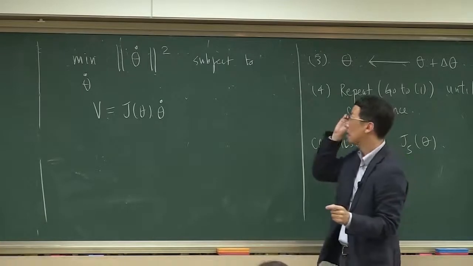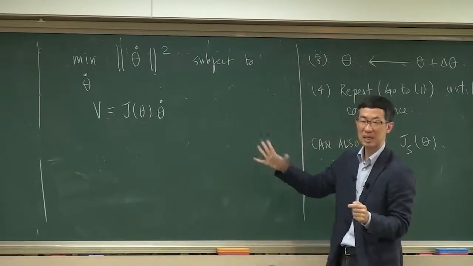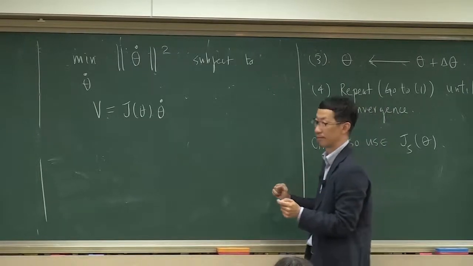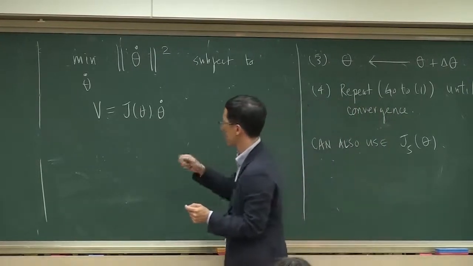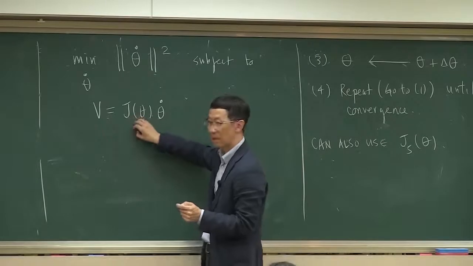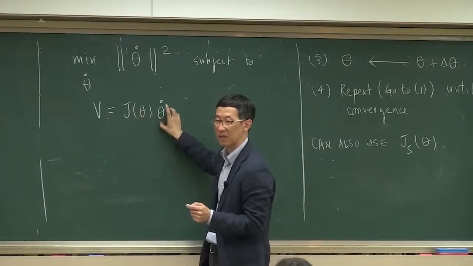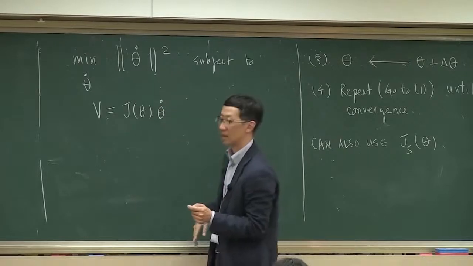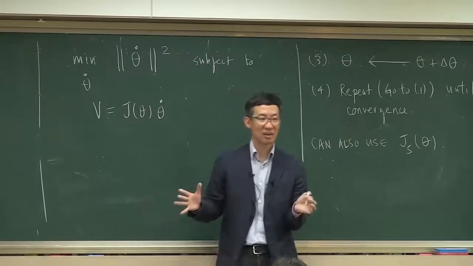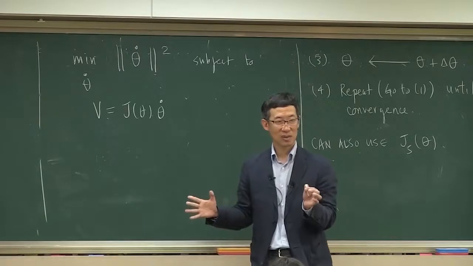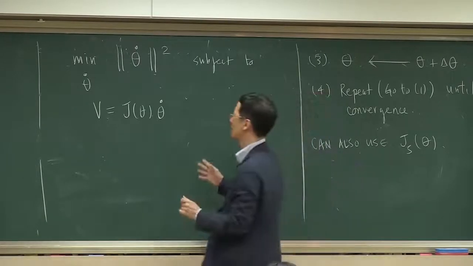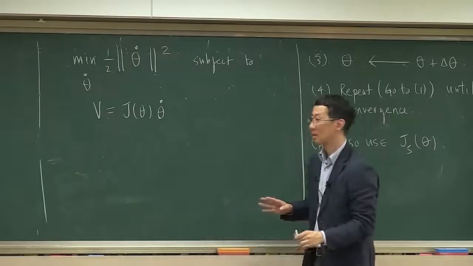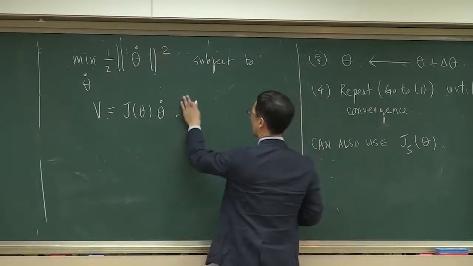So we're going to pose it as a minimization problem. Remember this is given. J we know. We're trying to find theta dot of t that minimizes this. We know how to do this, or we should. Let me put a half in front, just to make things a little bit nicer. So how do we solve this?